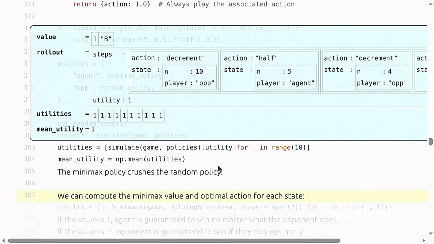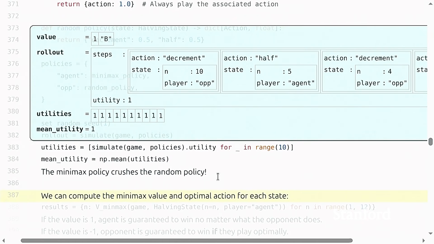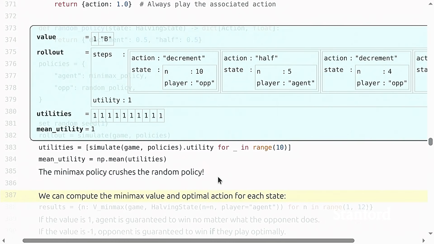So a few notes here. One is that when you're actually using the minimax policy, you are computing this recurrence at every state.